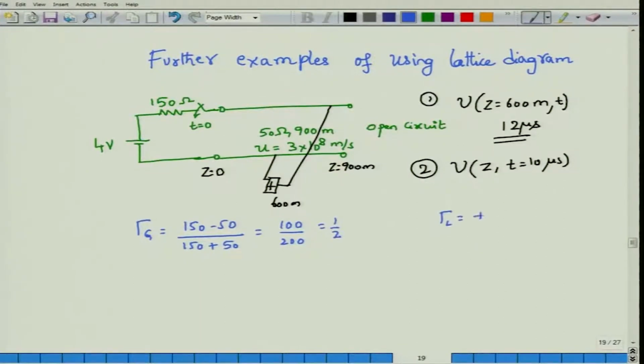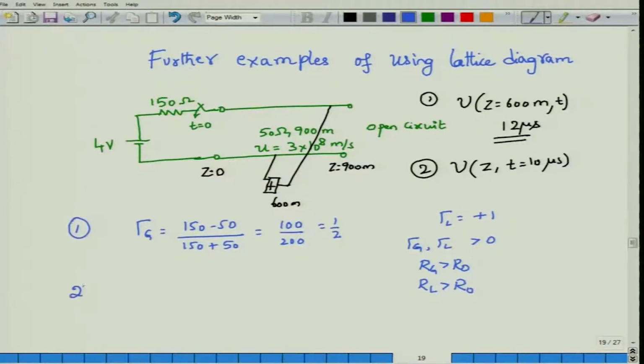By now you know that the open circuited load will have gamma L equal to plus 1. Just for our reference, we will also note that gamma g and gamma L are both positive numbers, indicating that Rg is greater than R0, and RL is also greater than R0. So this is the first step of calculating the reflection coefficients.